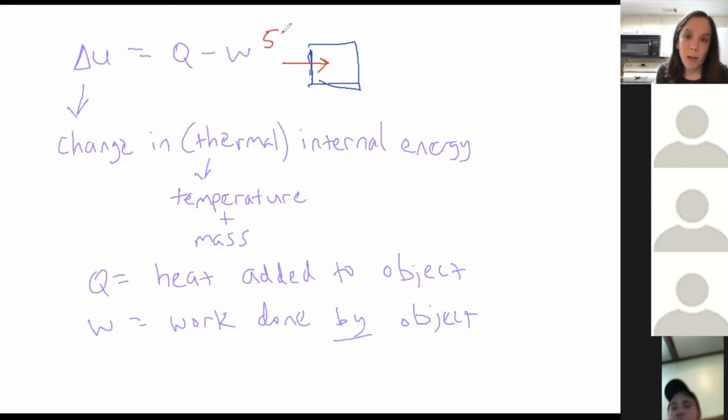Let's say you're giving it 500 joules of energy. So that's work done on the box. What that means is that you are losing that energy right there. And you're giving it to the box. So you would lose 500 joules of energy, the box would gain that energy.